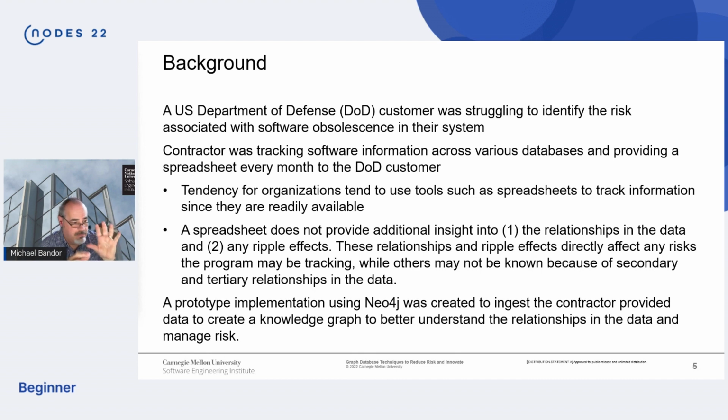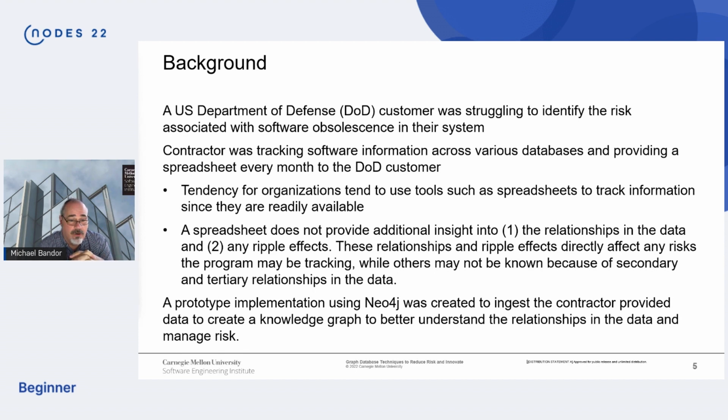We'd upgrade this particular product and the upgrade would die on them because there was a dependency on another product or a dependency further on downstream. The contractor that was doing the work for this customer was tracking the information across several databases and providing an updated spreadsheet once a month of what it was tracking.